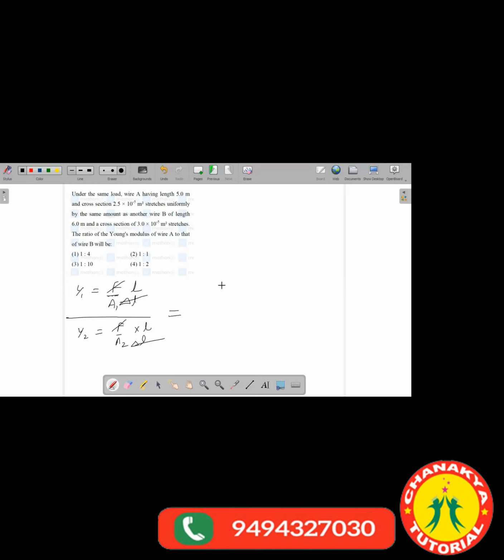And you get Y1 by Y2 equal to A2 by A1, multiplied by the length of the first, L1, divided by the length of the second, L2.